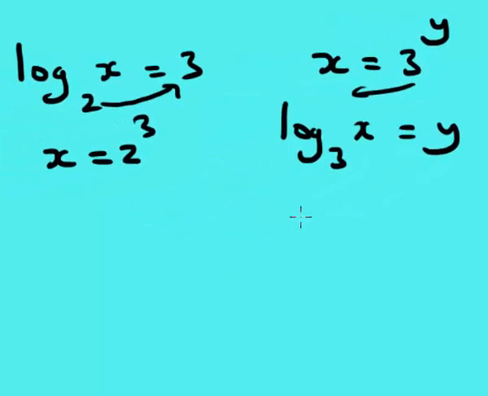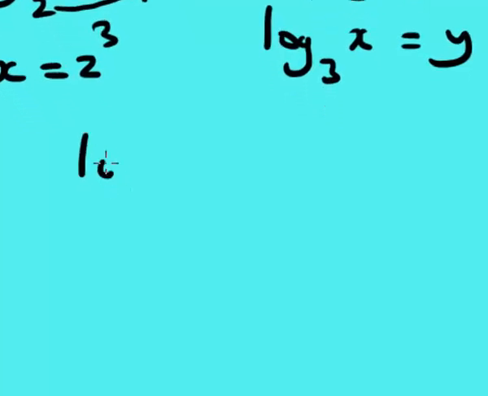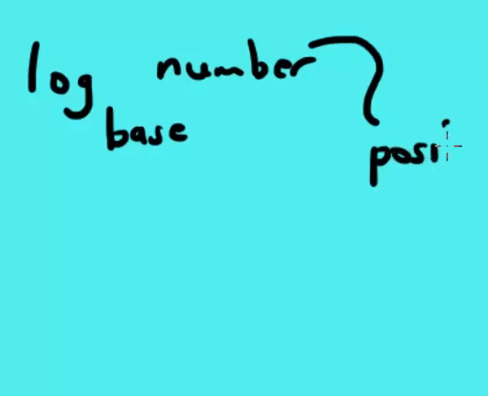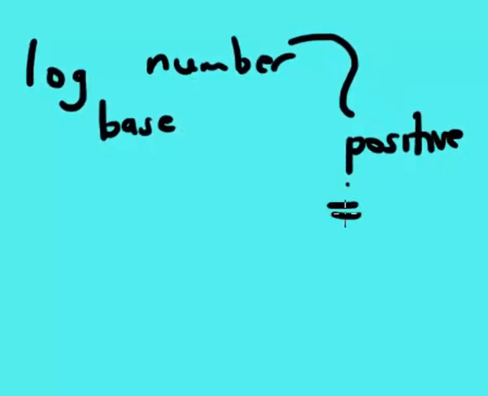And remember with any of these expressions, when you've got log, you've got a base here and a number here. Remember with this expression, this number here must be positive, only positive. It's never equal to 0. It's always got to be bigger than 0.